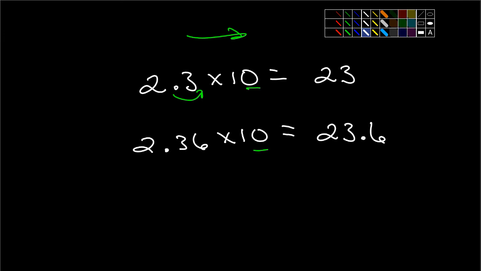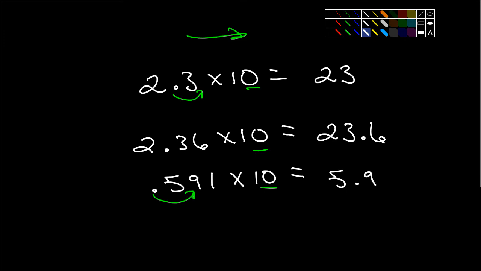What if the number was, how about 0.591 times 10? Okay, look what I do here. I'm going to move the decimal one place because there's only 1 zero. I'm multiplying it by 10, not by 100, not by 1,000, not by a million, just by 10. So the number becomes 5.91.